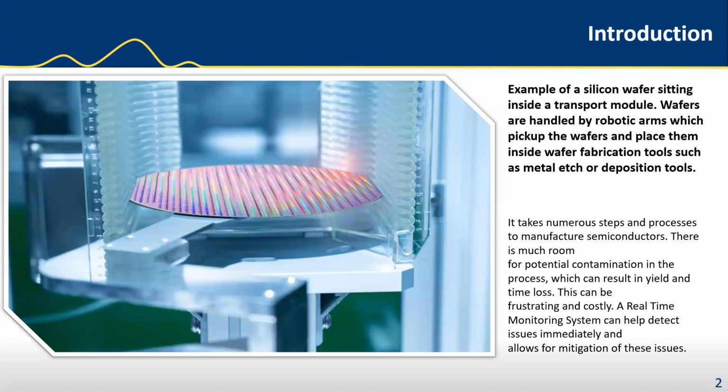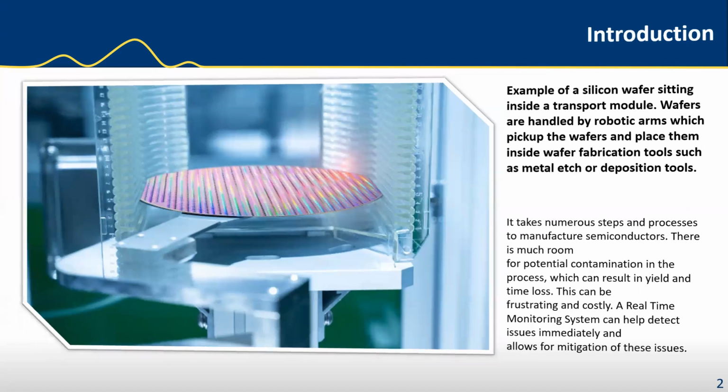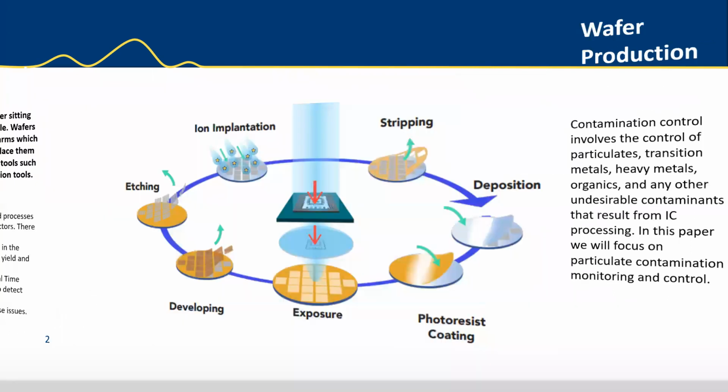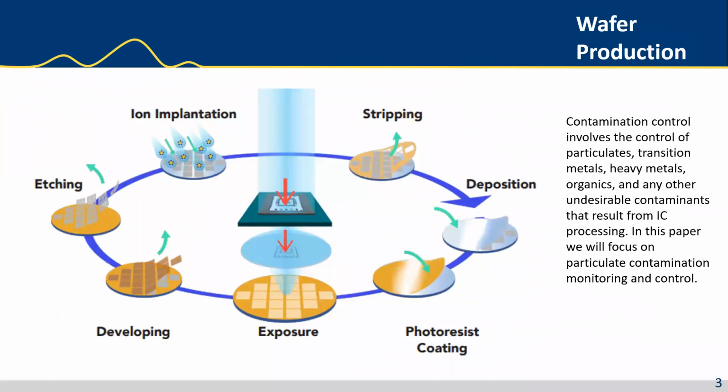ICs are processed or developed and fabricated on a base silicon wafer. Numerous processes and steps are carried out during the IC development on the silicon wafer. The process of manufacturing semiconductors or integrated circuits typically consists of more than 100 steps. During this process, hundreds of copies of an integrated circuit are formed onto a single wafer.